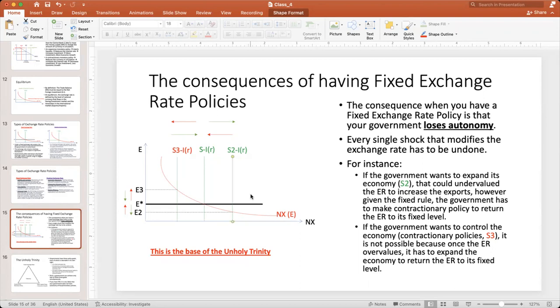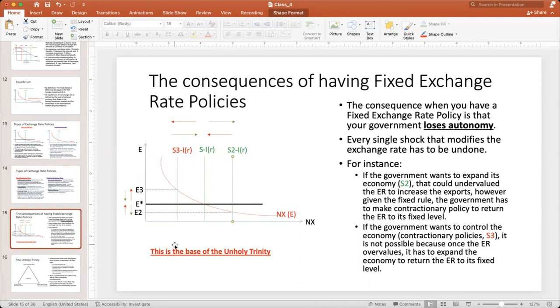If they do that, they will expand the supply of domestic currency in the market. The problem is that when they do that, they undervalue the exchange rate.